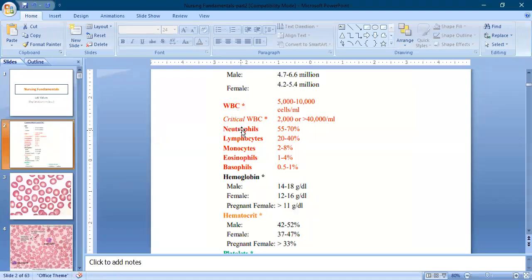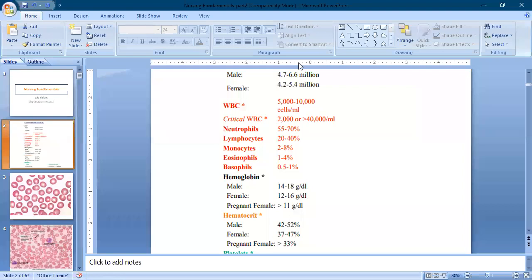So before we go to the next, here I want to tell you the expected range of white blood cell, okay? And we have to know what leukopenia is, what leukocytosis is, and also what neutropenia is, which is very common, right?